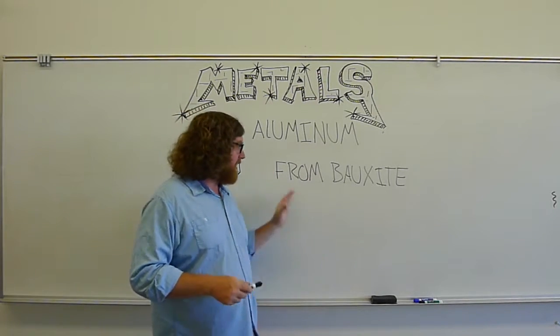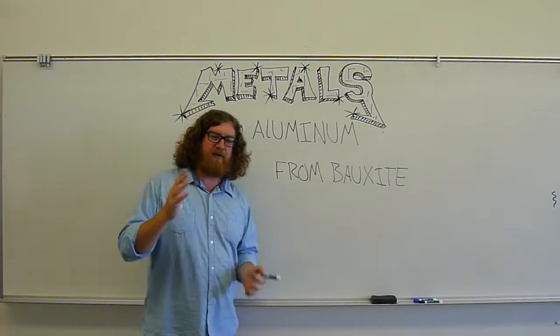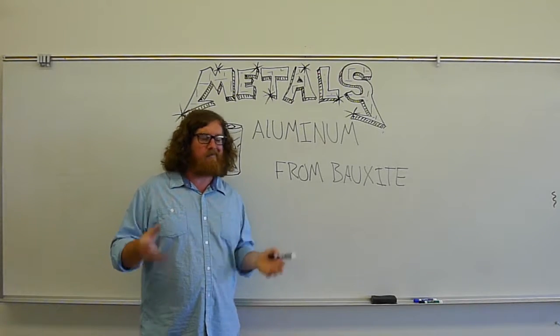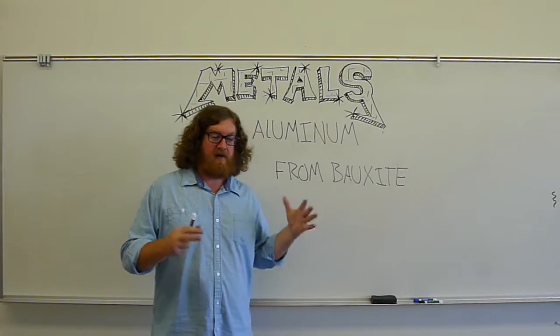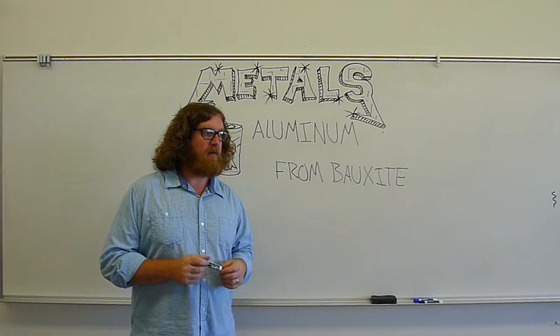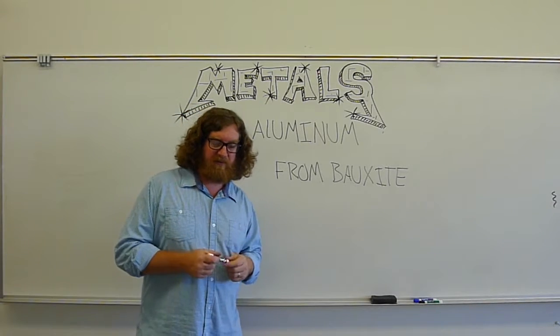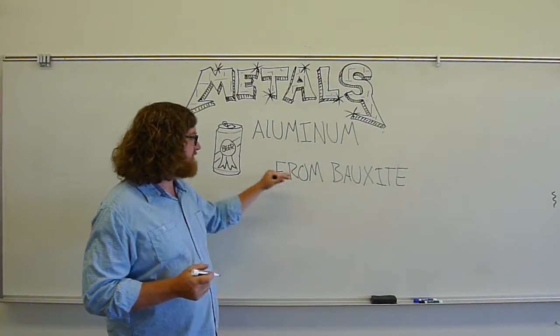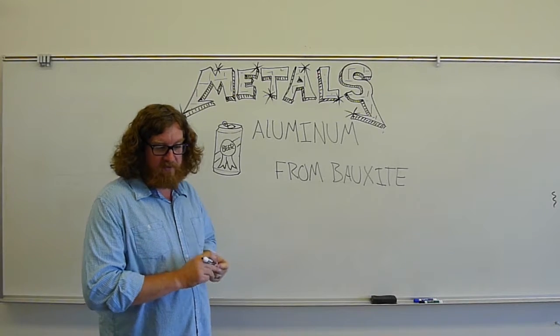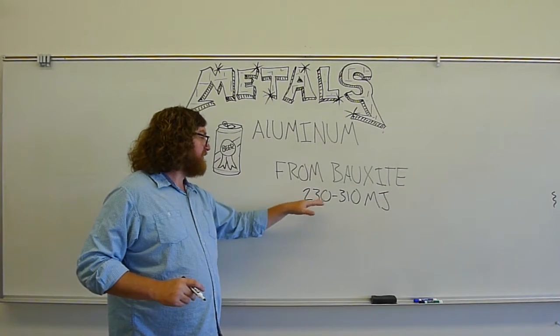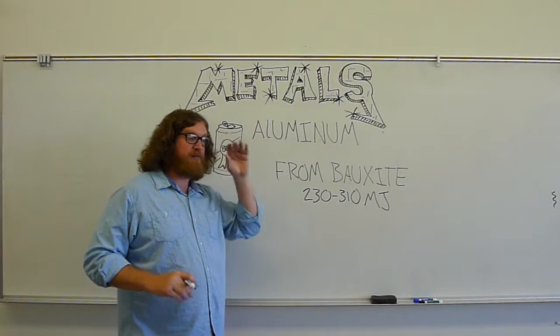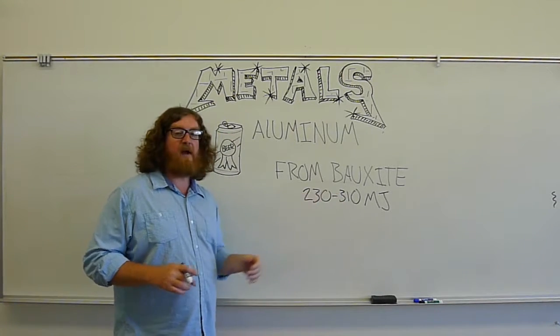So actually, I put up some numbers, and there is definitely a range depending on the exact setup. To produce 1 pound of finished aluminum, which, famously, aluminum is pretty light, but from bauxite, so from ore, we're in the range of 230 to 310 megajoules.